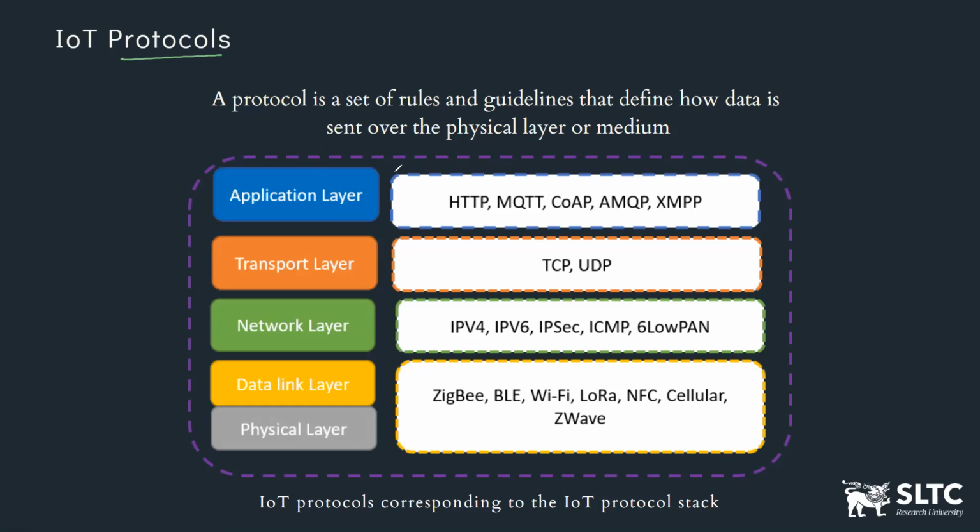I think you must have learned about the OSI model in one of the earlier modules, right? The OSI model that has 7 layers.